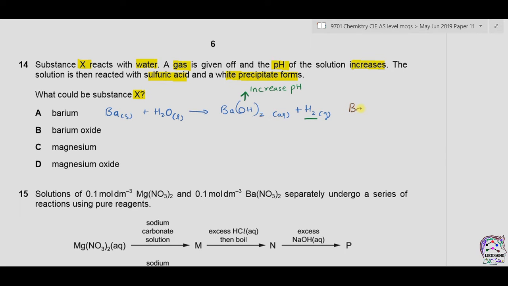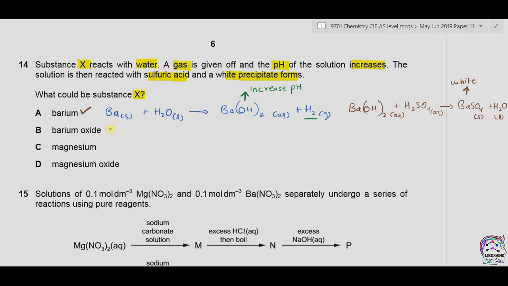Now barium hydroxide reacts with sulfuric acid and forms barium sulfate and water. As barium sulfate is solid and insoluble and is also white in color, option A could be the correct option.